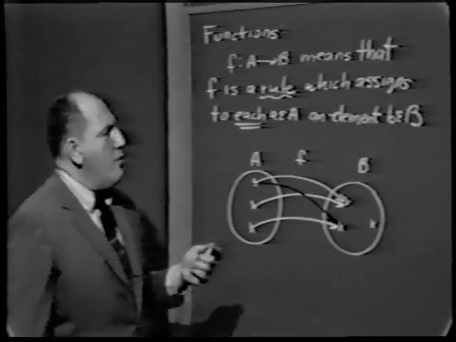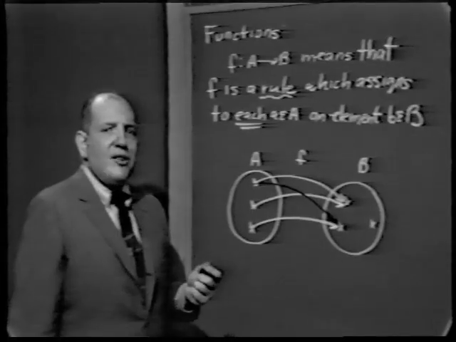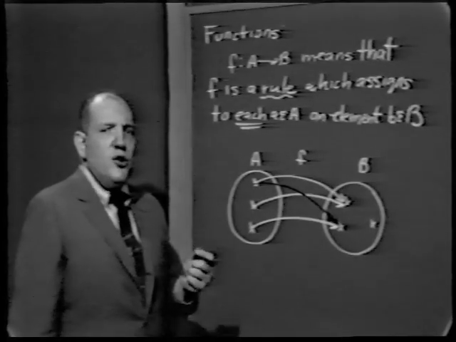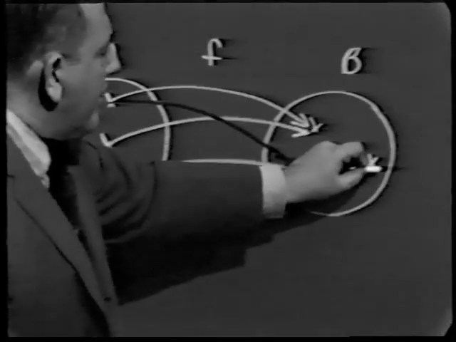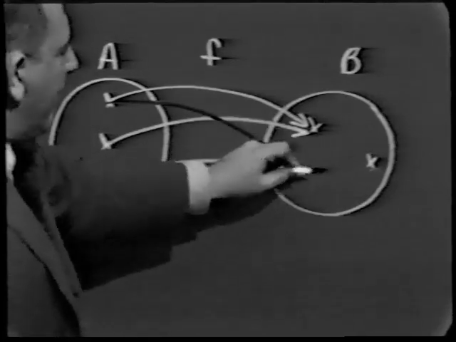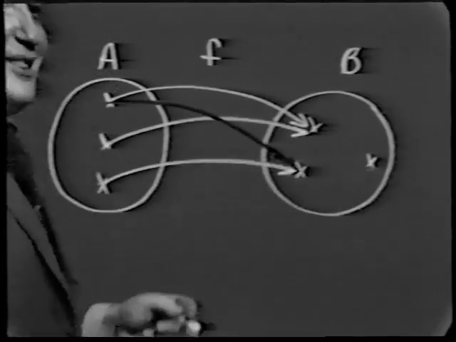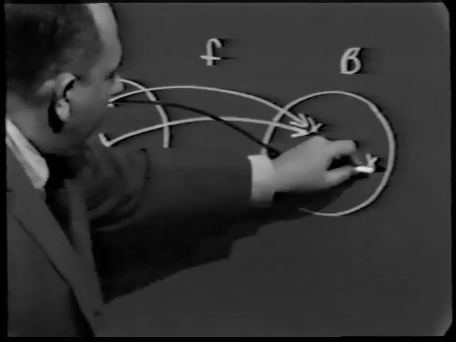Also, notice that when we say that each element of A is assigned to an element of B, two things are implied here. First of all, notice that we do not insist that all of B be used up. In other words, here are some surplus B's over here which are not used up by A's with respect to f.